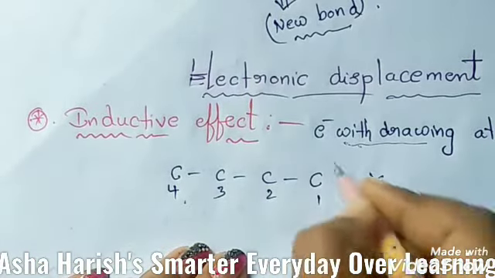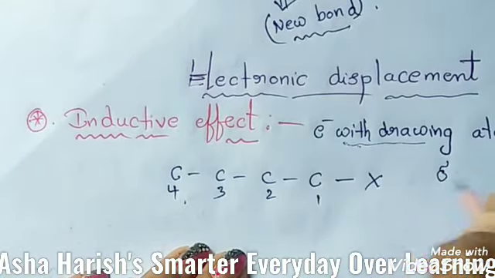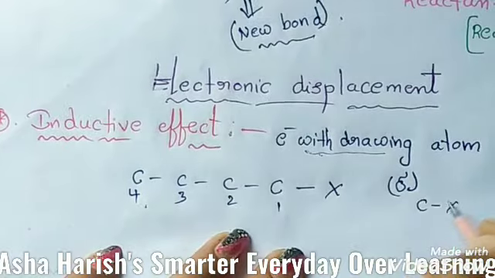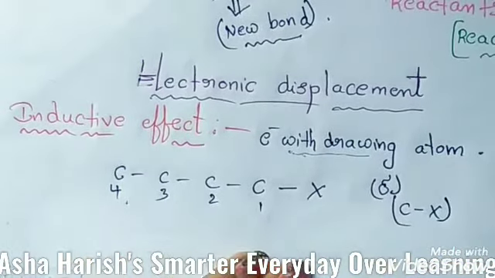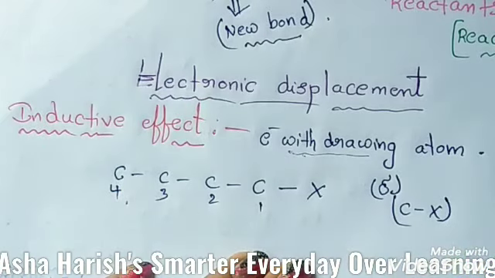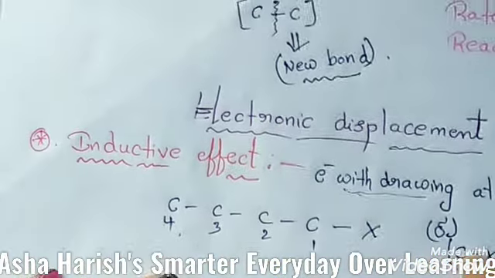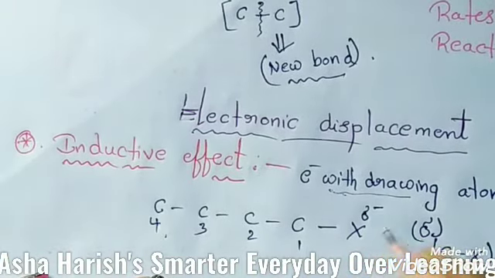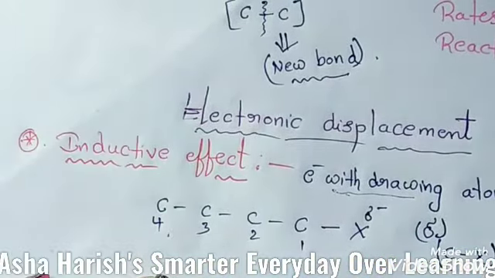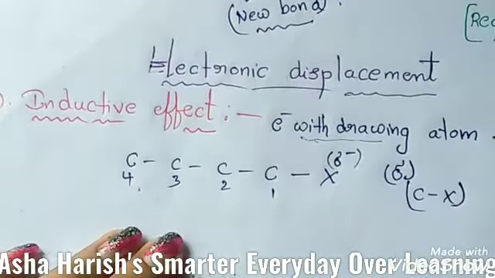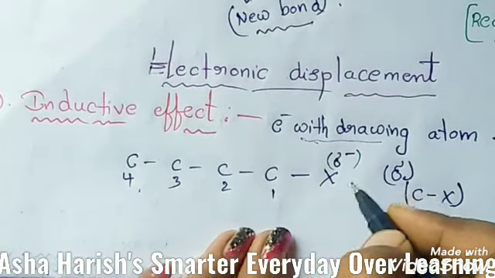Now here you can see the representation of delta. Electrons of the C and X bond are attracted by, or displaced towards, the more electronegative halogen atom. Here this X is the more electronegative halogen atom, so we can represent it with delta minus.